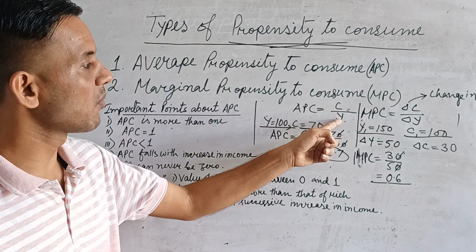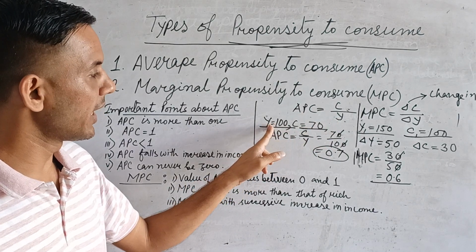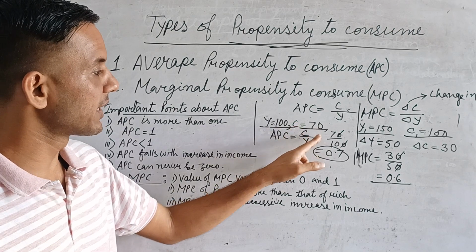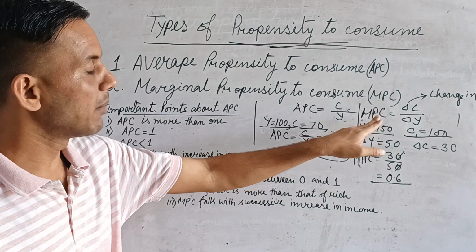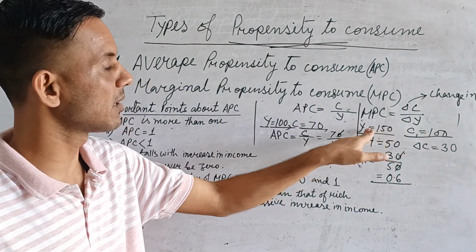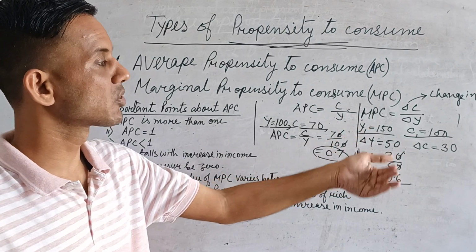APC is C by Y, consumption divided by income. Income is 100, consumption is 70, so C by Y means 70 divided by 100, which is 0.7. MPC is change in consumption over change in income. For example, your income increases to 150 and consumption to 100.